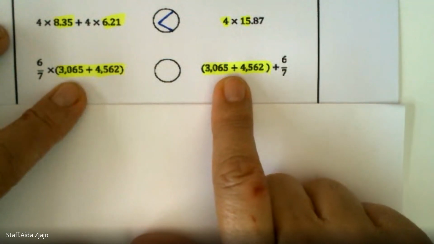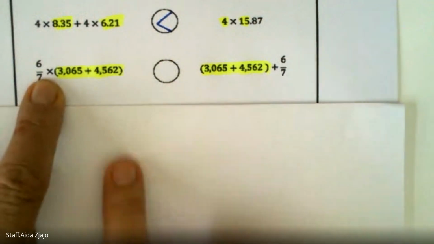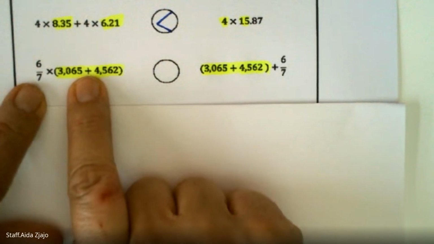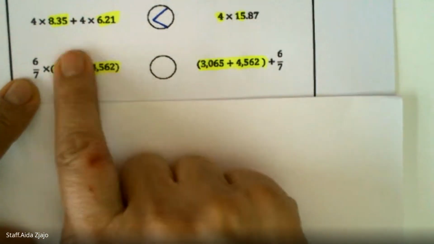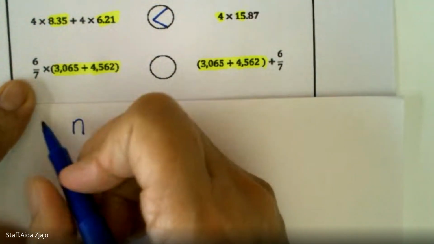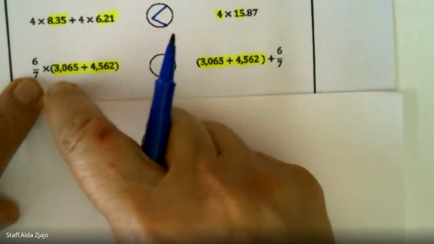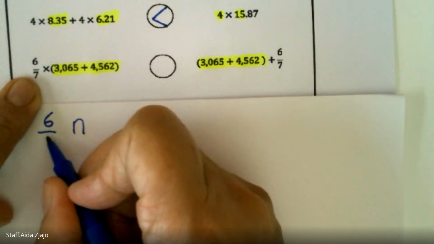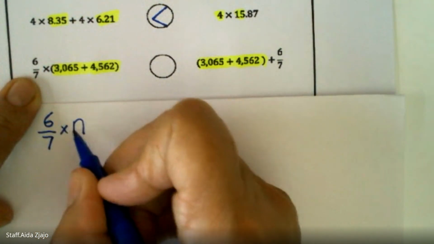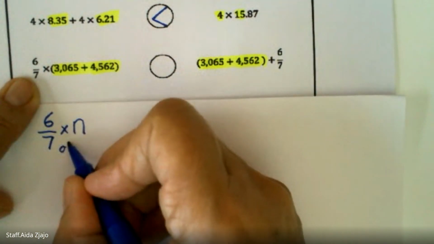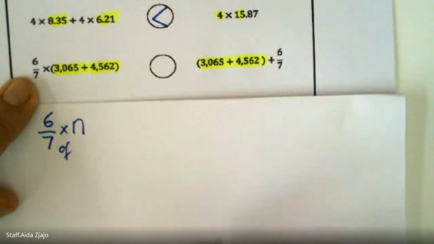So now here we need to find what is 6/7 of this number. If you think of this as some number n, and we divide that into 7 pieces, we need to find how much is 6 out of 7 pieces of this number, 6/7 of that sum.